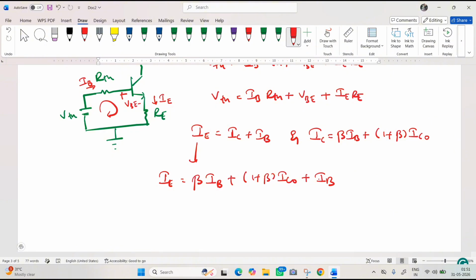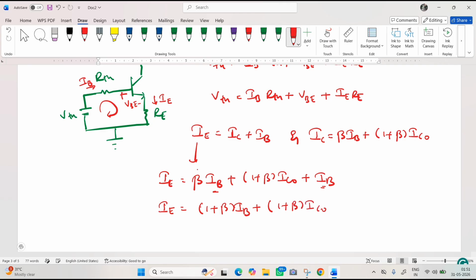Now this is the expression. If you observe here clearly, in these two terms, I can take IB as common. If I take IB as common, the inner part will be 1 here, and here it will be beta. So 1 plus beta times IB, and then the rest of the parameters, 1 plus beta times ICO.